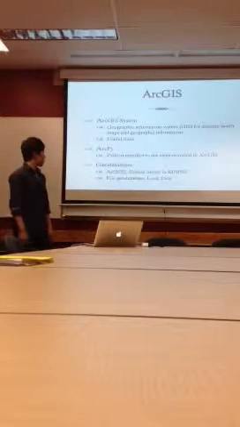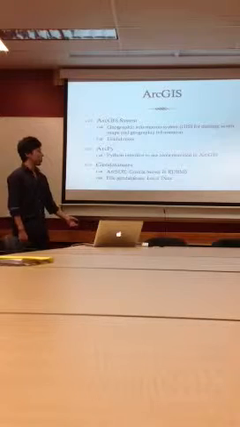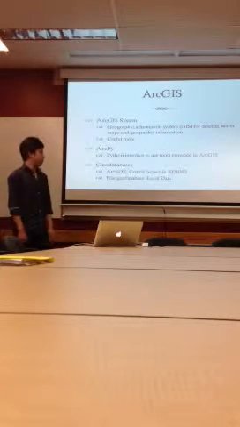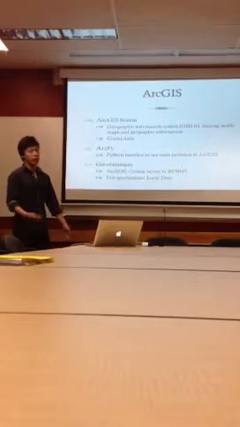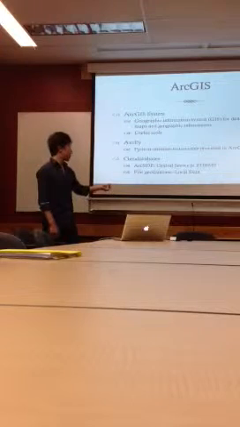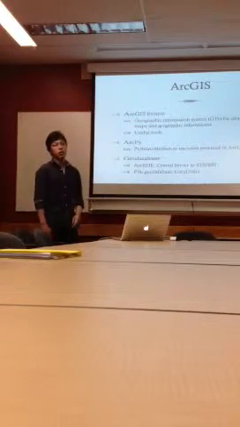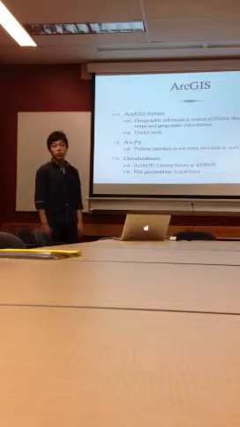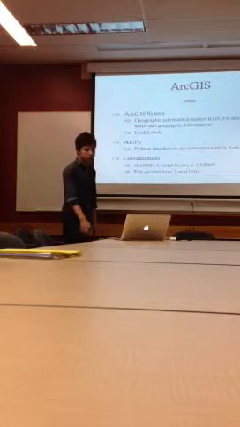The other type is the file geodatabase, where all the data is stored locally, so other computers cannot access the file geodatabase. But in ArcSDE, since it's a server, you can access it at the same time.